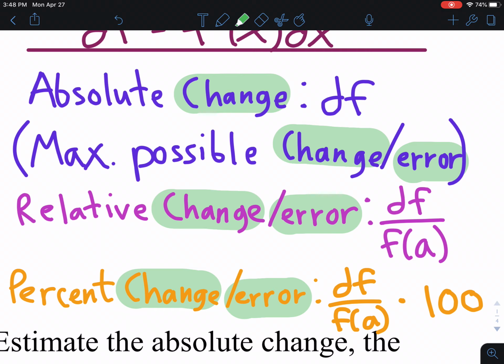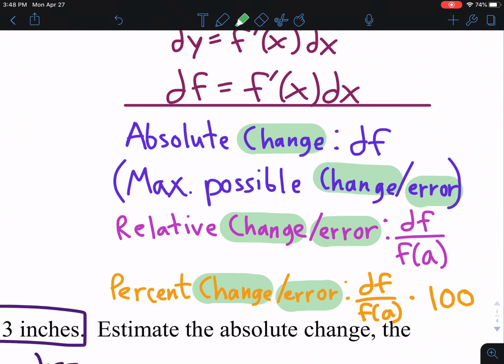The nice thing with percent change or percent error is it is just your relative change, so the differential over the original function times 100. It's turning that decimal into a percent. So these are the formulas that we're going to be using, and it's going to be up to you when we look through these questions to figure out what formula corresponds to what. So let's see this in an example, and this will start clicking.